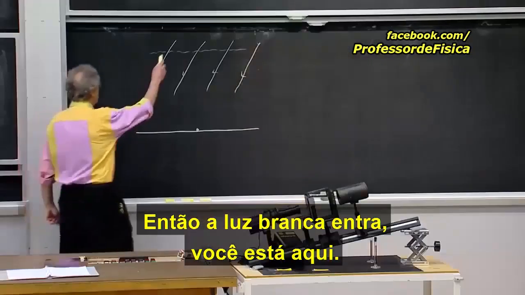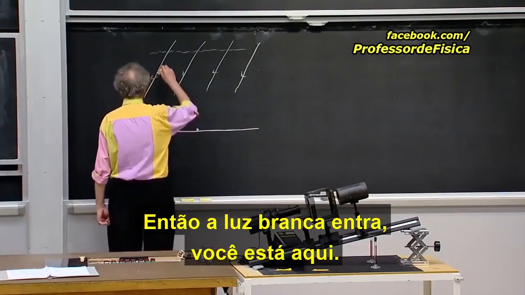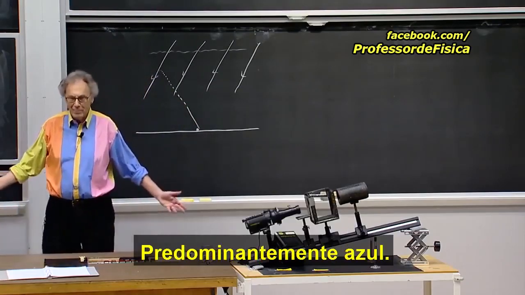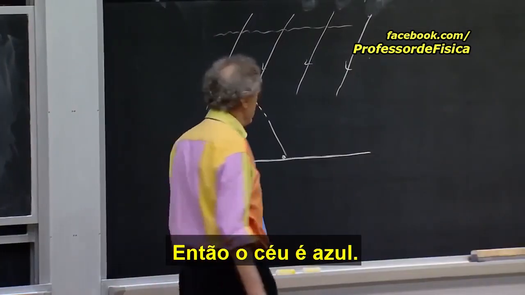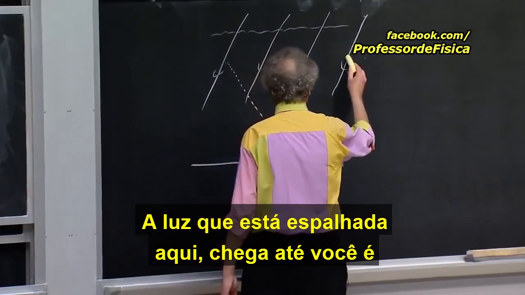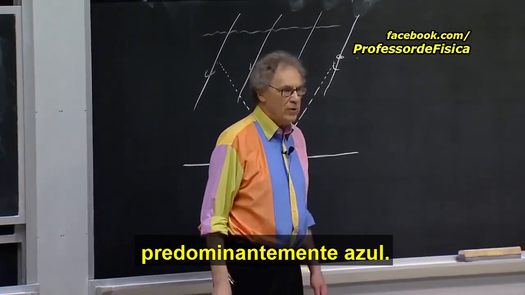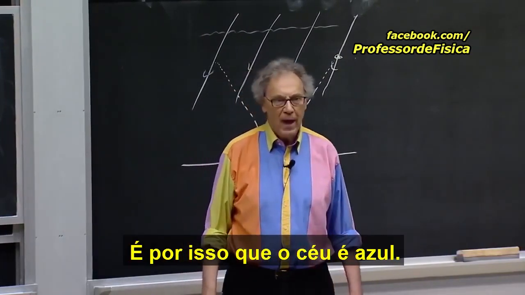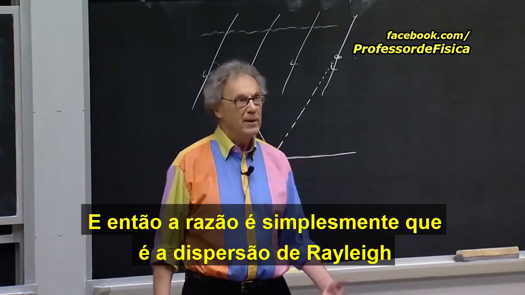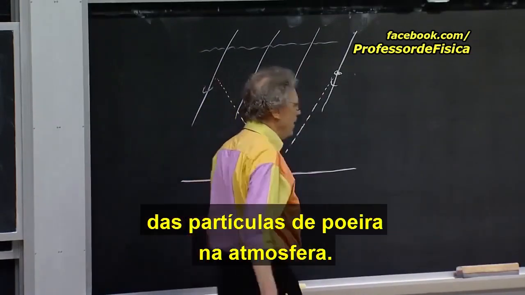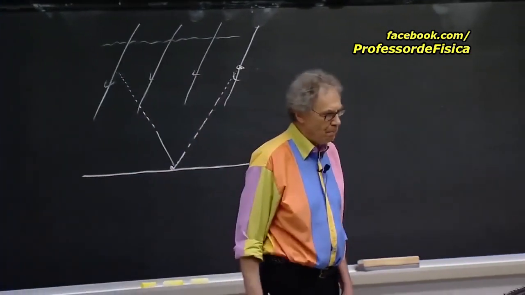So white light comes in, you're standing here, but what is the light that comes to you? Predominantly blue. So the sky is blue. The light that is scattered here comes to you is predominantly blue. So that's why the sky is blue. And so the reason is simply that it is Rayleigh scattering of the dust particles in the atmosphere.